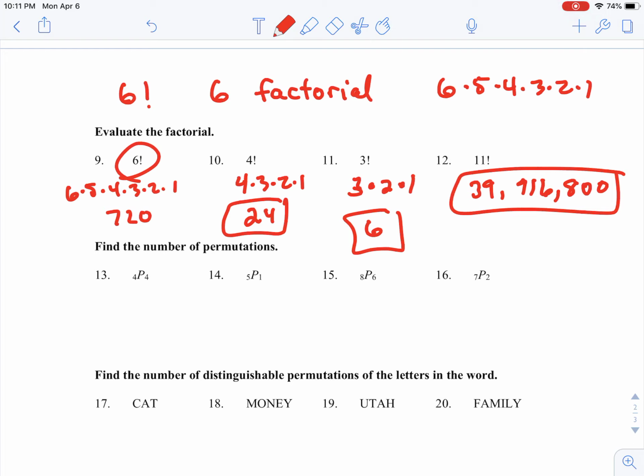All right, so find a calculator that has this in there. Oh, yep.